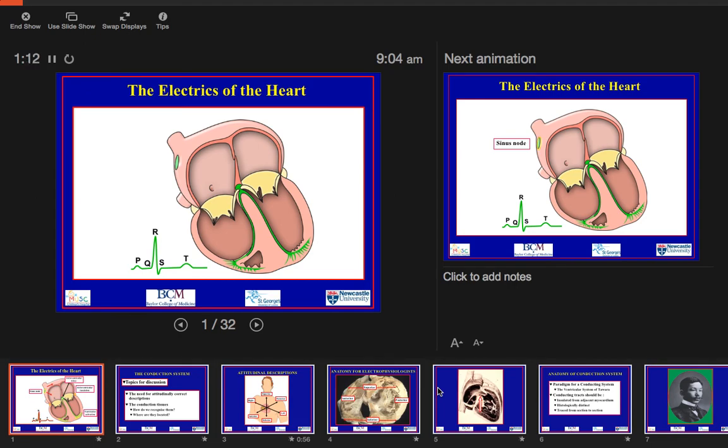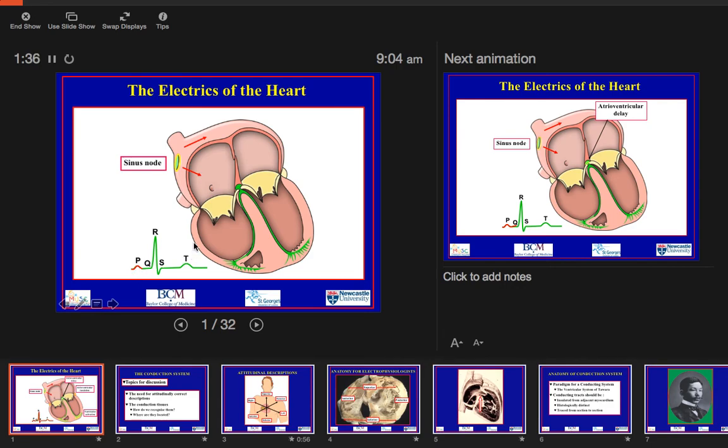But if we assess the normal electrics of the heart, you're all well aware that it is the sinus node that generates the cardiac impulse. The cardiac impulse then passes through the atrial myocardium, and it is the passage of the impulse through the atrial myocardium that generates the P wave.